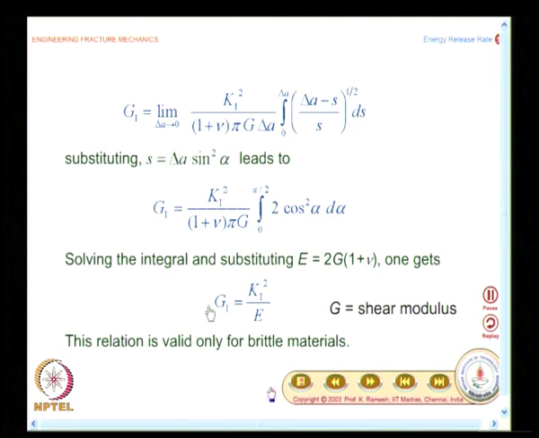Because we are using brittle solids, the system is reversible, we equated that energy to the energy release rate, and the final expression you have got is a very famous expression, very useful expression also, G 1 equal to k 1 squared divided by E, and this is developed for plane stress situation.